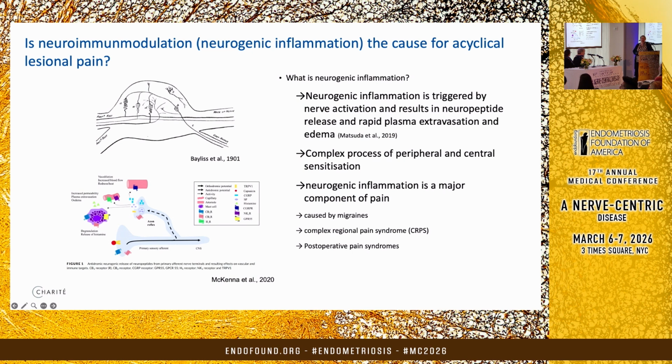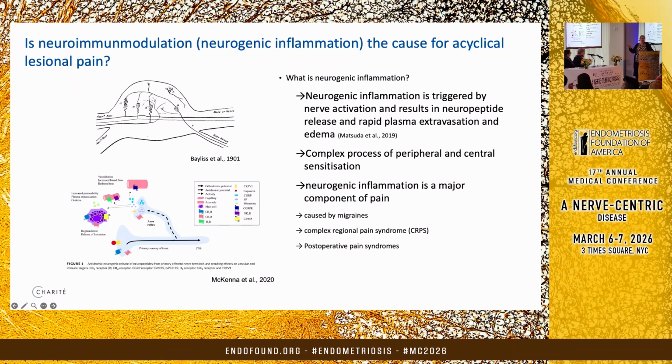What is the meaning of neurogenic inflammation? That means that activated nerve fibers release neuropeptides and lead also to inflammation in the tissue, extravasation and edema in this tissue. And this is a complex process of peripheral and central sensitization, and that is better understood in other diseases, for example, migraine.